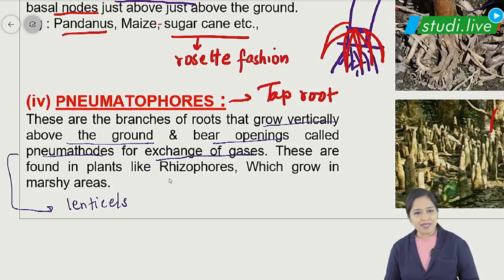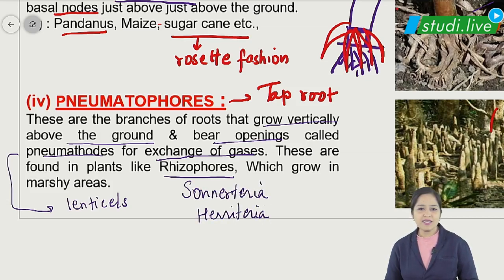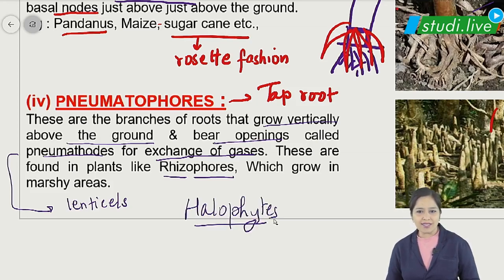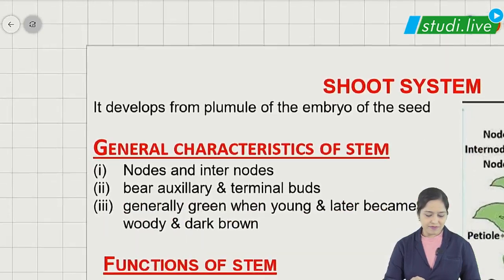This is present in plants like Rhizophora, Sonneratiaceae, and then in case of Heritiera. These are the examples of these plants, which are known as the halophytes, growing in salt lakes or marshy lakes.